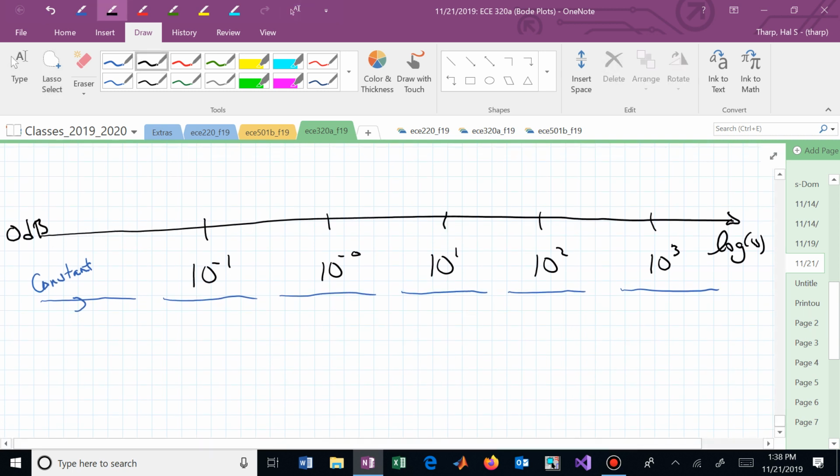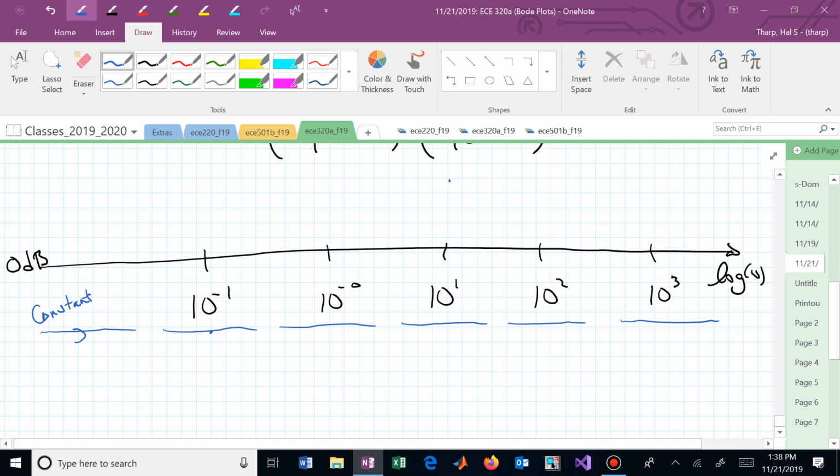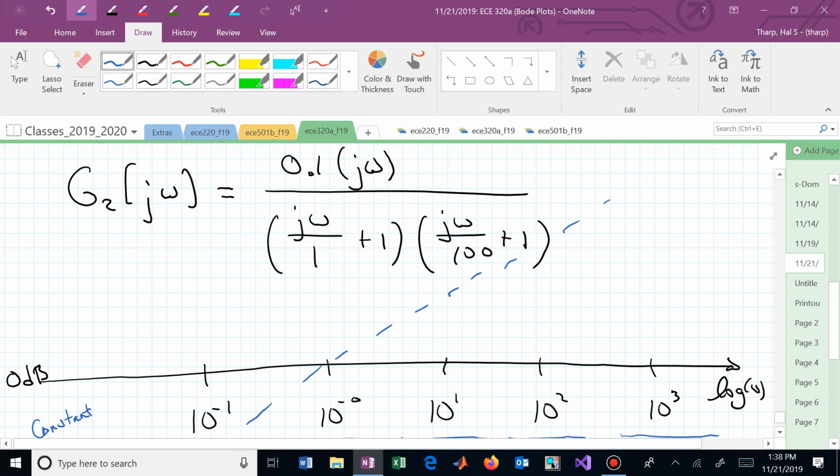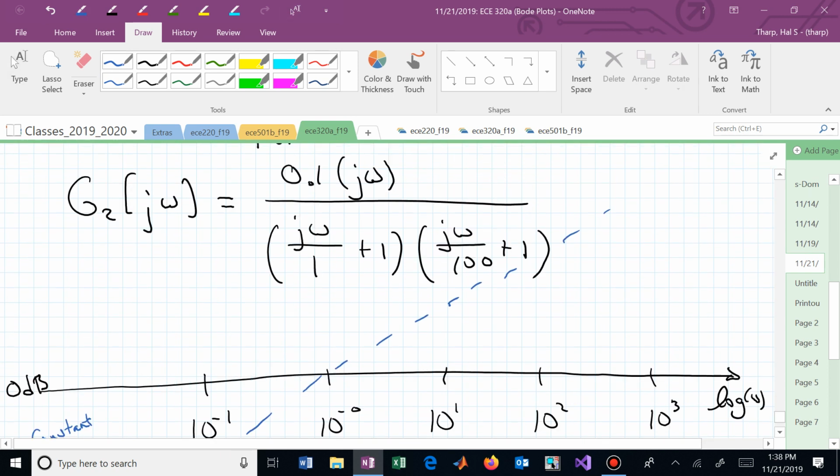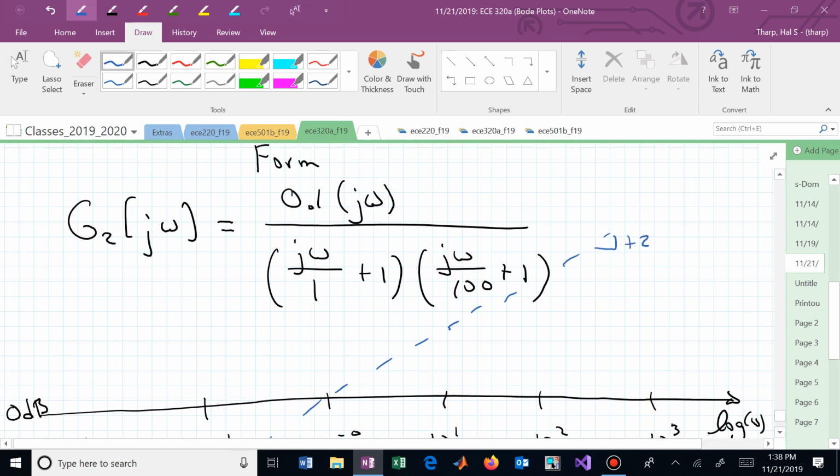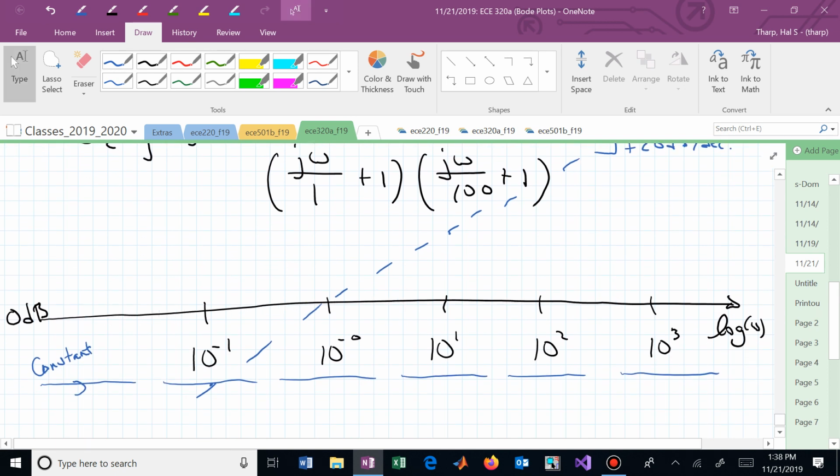And not through 1. So now I need to do this for my zero at the origin. Is that better or is it worse? That's going through 0 dB at omega equal to 1 with a slope of plus 20 dB per decade.